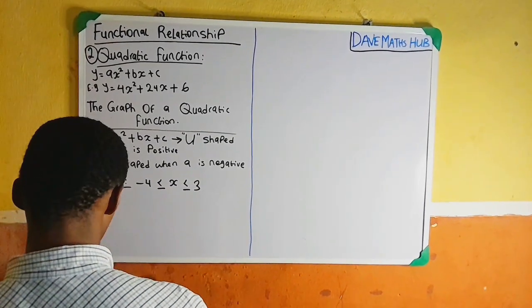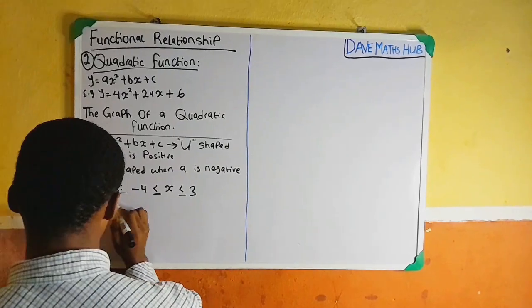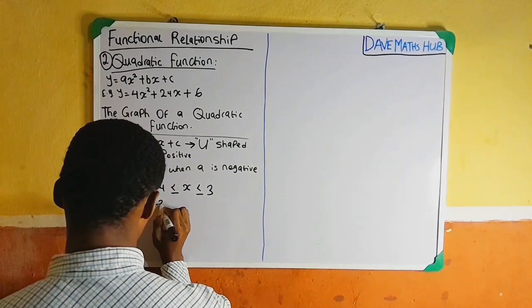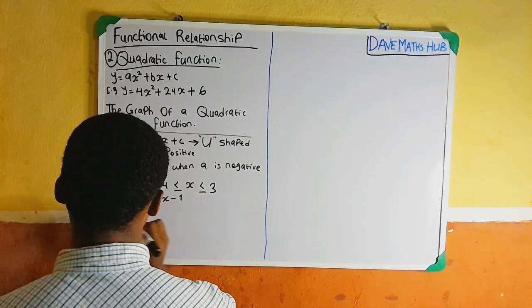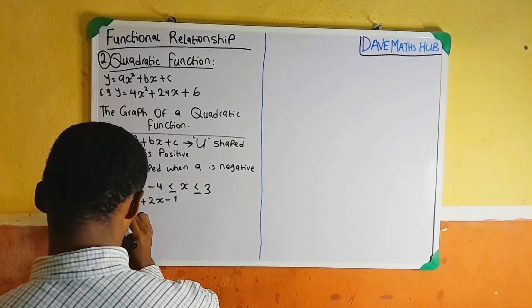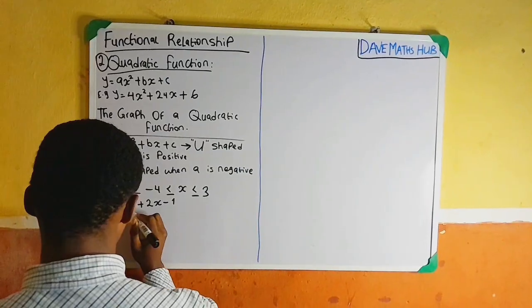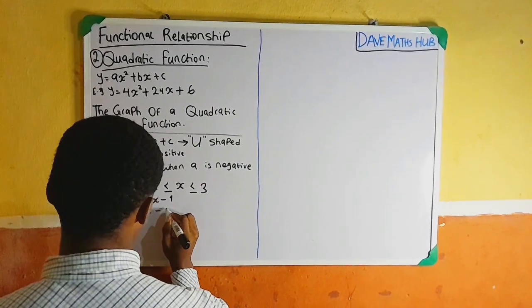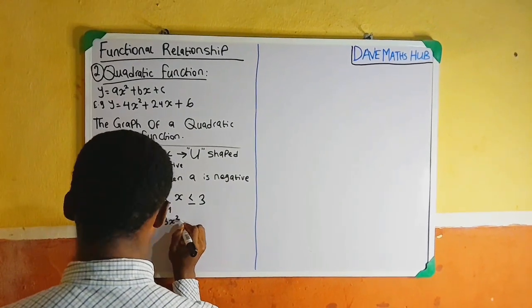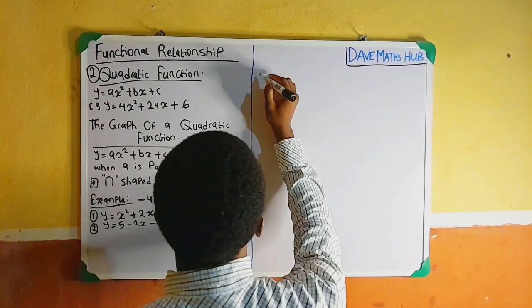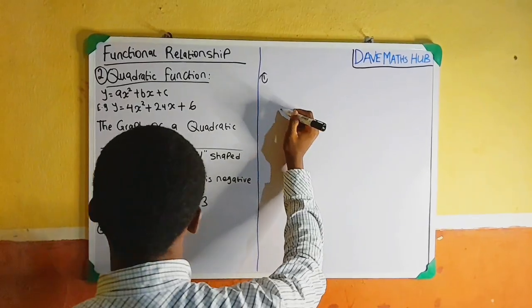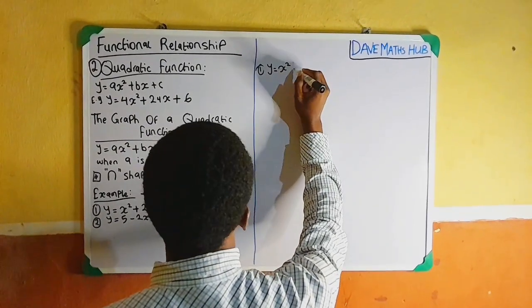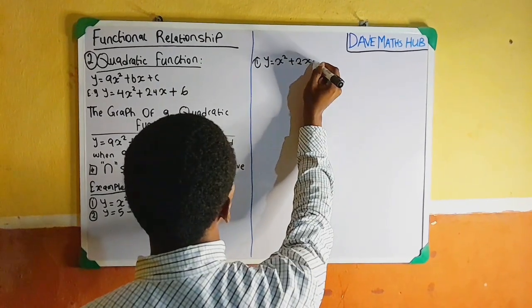Number 1, we have y is equals to x squared plus 2x minus 1. 2, y is equals to 5 minus 2x minus 3x squared. So, number 1, y is equals to x squared plus 2x minus 1.